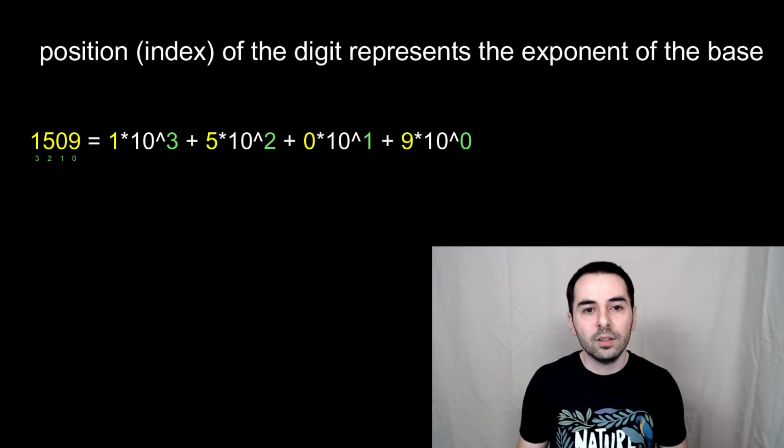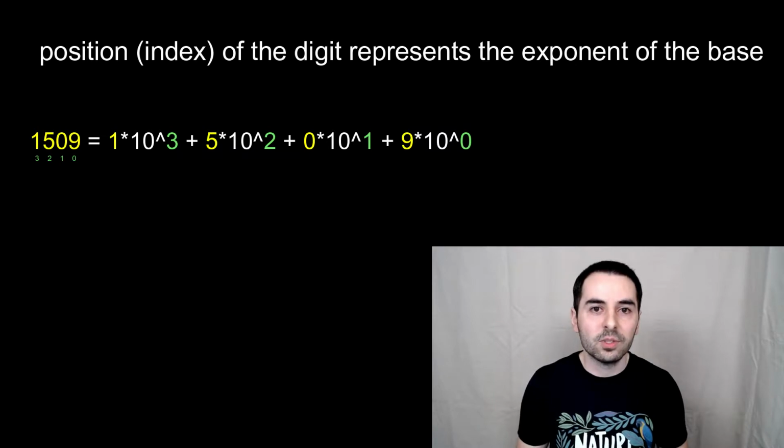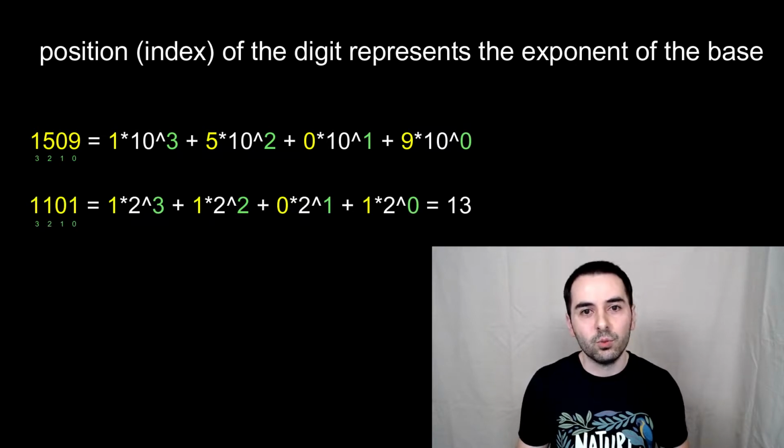In the binary system, every number, as I said, has only ones and zeros. Let's take the number written as 1101. With similar logic, we can calculate the value of this number in the decimal system. The first one will be multiplied by 2 to the power of 3, since we have only 4 digits and we start indexing with 0.